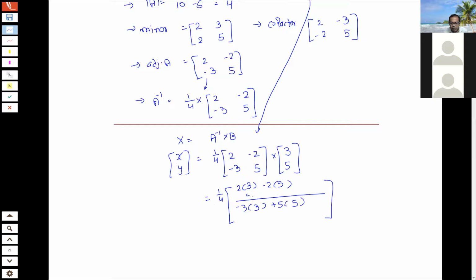So it is 6 minus 10, so it is minus 4. It is minus 9 plus 25, so 16. So basically, if I multiply with 1 by 4, I get 4 by 4 minus 1, and 16 by 4.